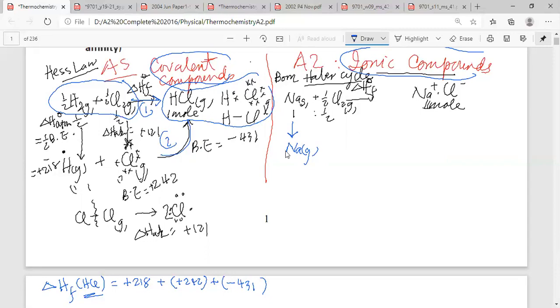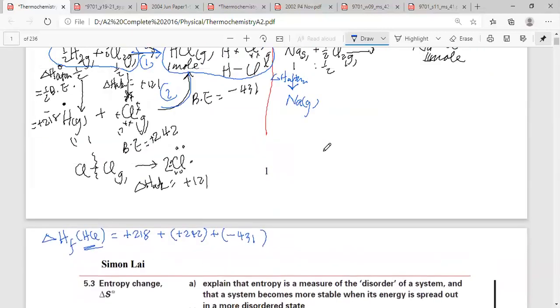Or 1 mole to 1 mole, you can also say the heat of atomization. When 1 mole of a gaseous atom is formed from its element at certain conditions, it's called that. There are 2 terms for it. Now I'm going to show you what the value is.